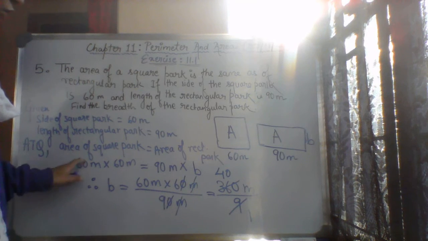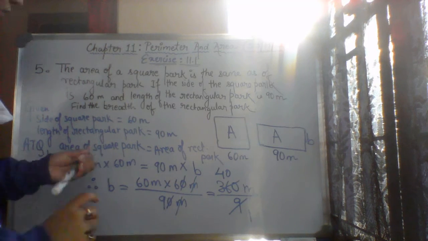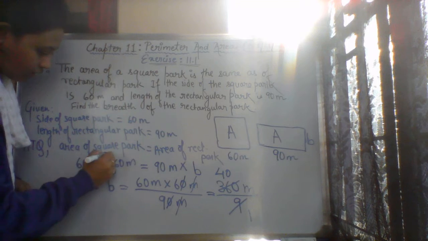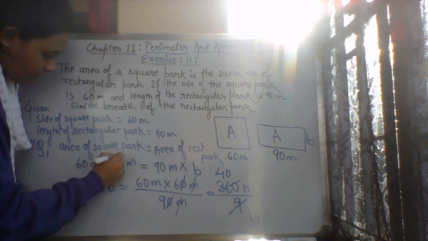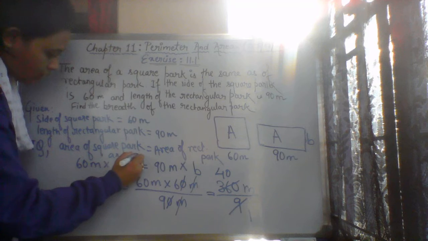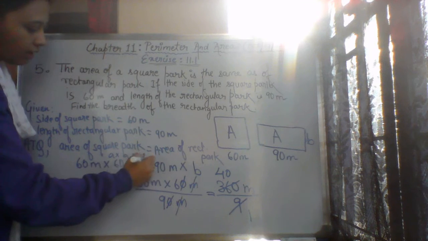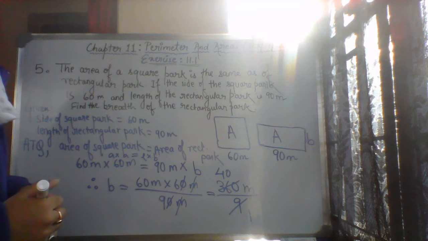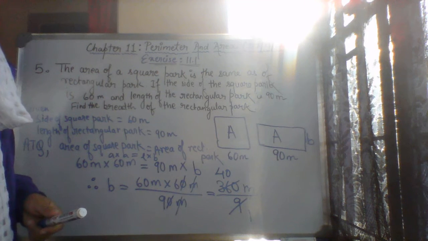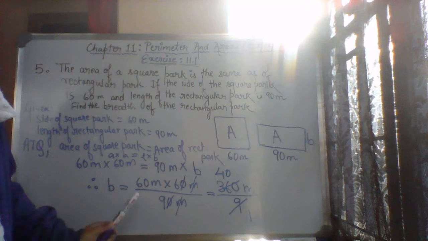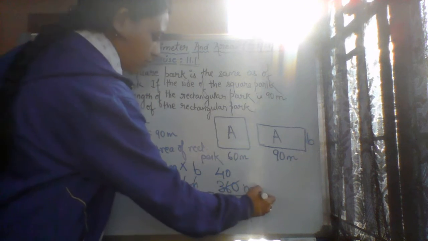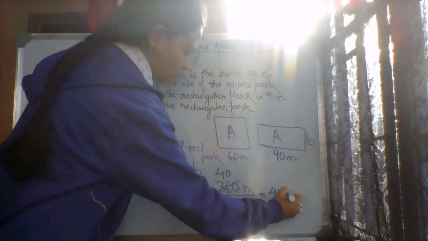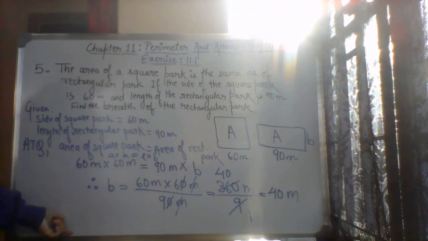Here you can include one more step: first write down that the area of square is A into A or A square equals the area of rectangle, length into breadth. After that, it will be clearer when you put the values. So the breadth equals 40 meters. Finally, you can write: the breadth of the rectangular park is 40 meter.